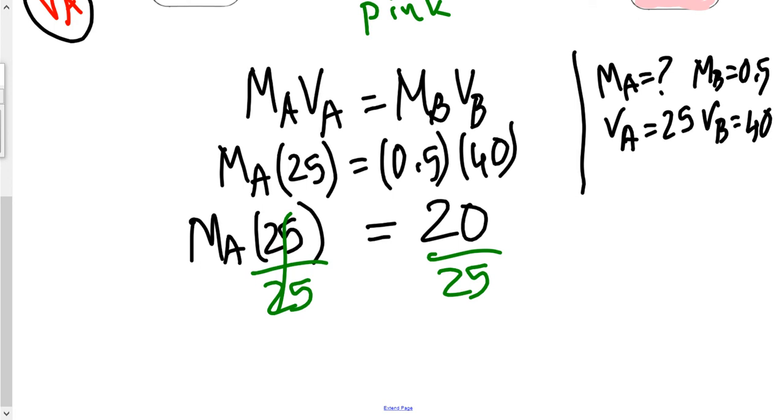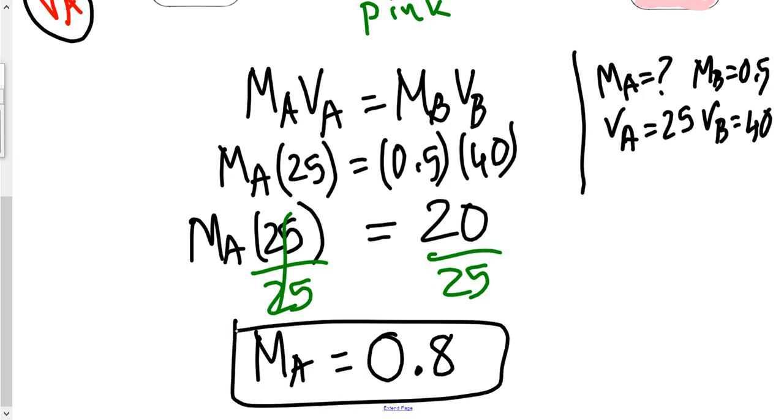If you do that, MA is equal to 20 divided by 25, which is 0.8. And that's the concentration of the unknown acid, which is no longer unknown because we used the process of titration.